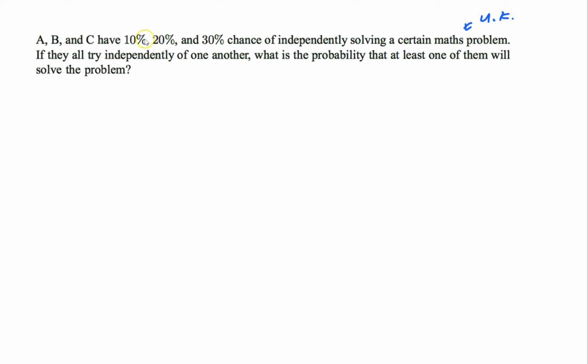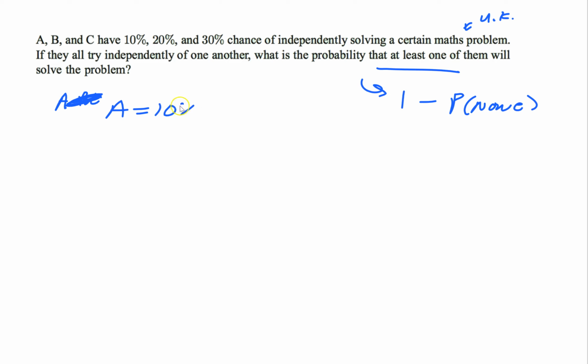We have A, B, C. And it says what's the probability at least one of them would solve it. So let's do 1 minus the probability that none of them would do it. Right? So probability of A is 10%, 0.10.